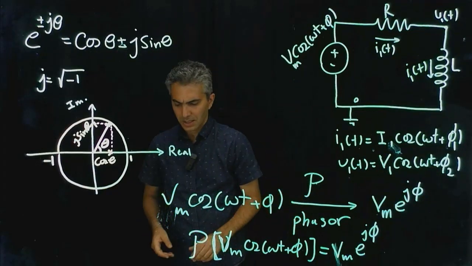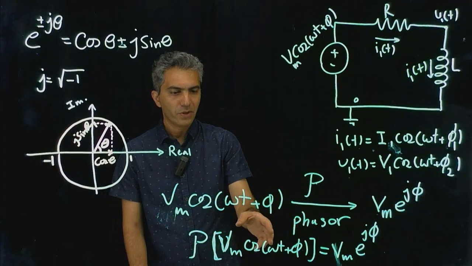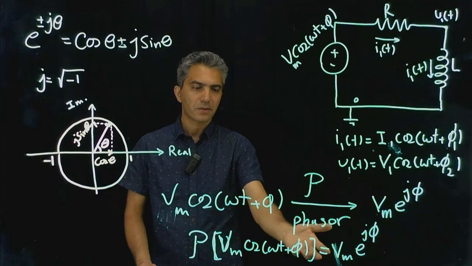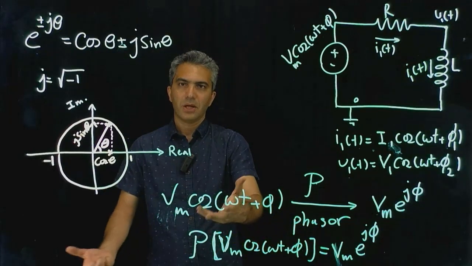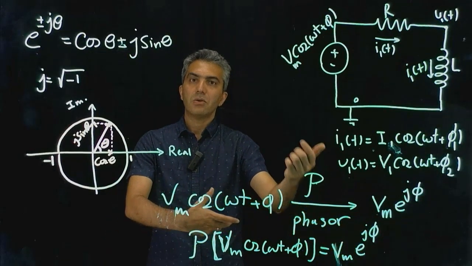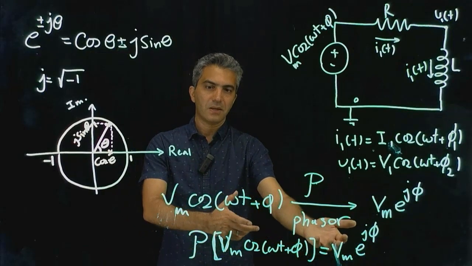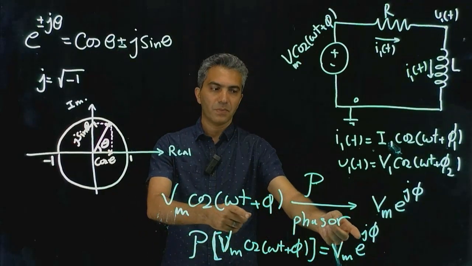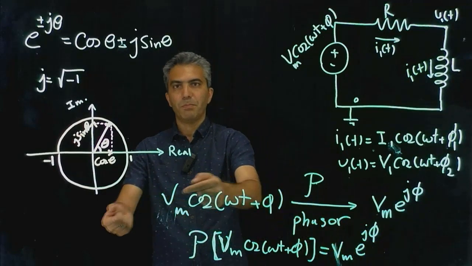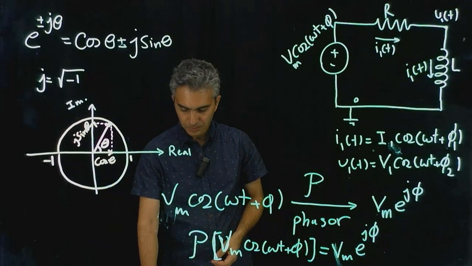Okay, so let's practice, because you can now take any voltage or current signal and transfer it to the phasor domain. You can also do the reverse. You can take any phasor domain representation of a signal and bring it back to the time domain.